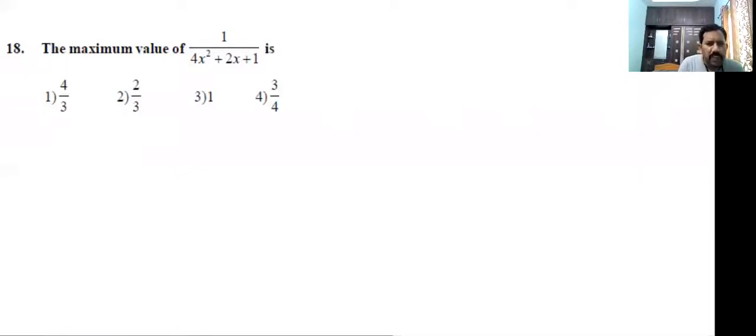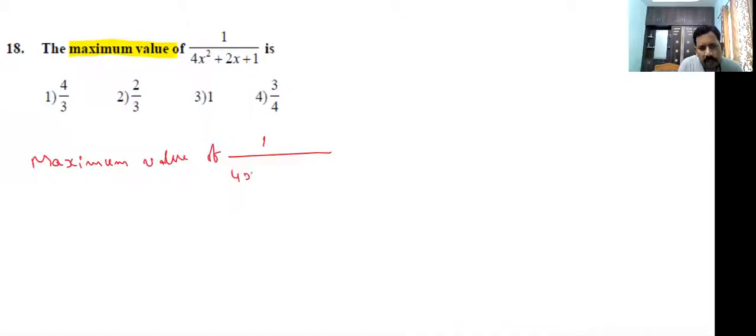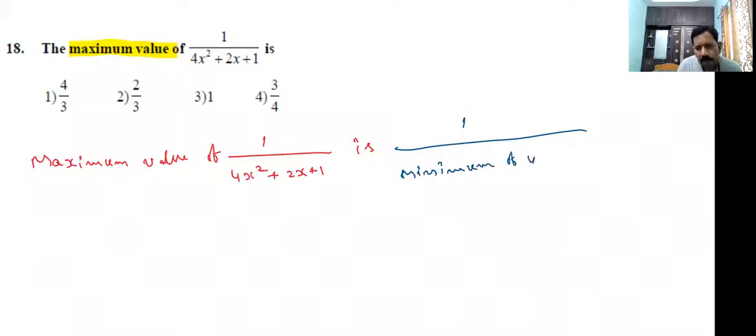18th question. What is given here? Maximum value of 1 by 4x square plus 2x plus 1 is 1 divided by the minimum value of 4x square plus 2x plus 1.